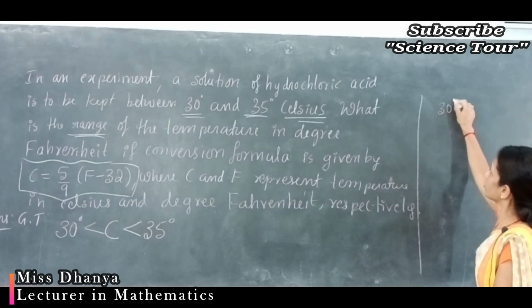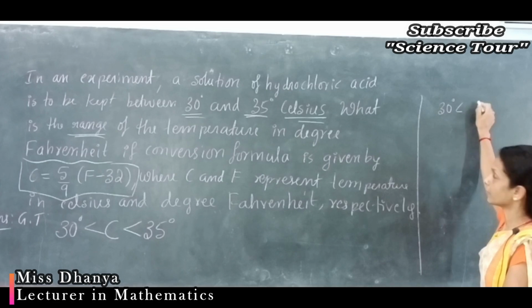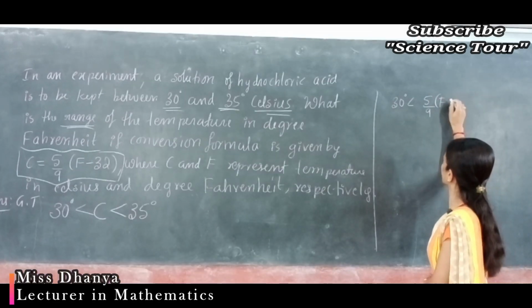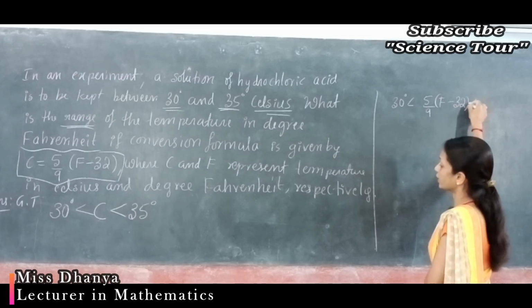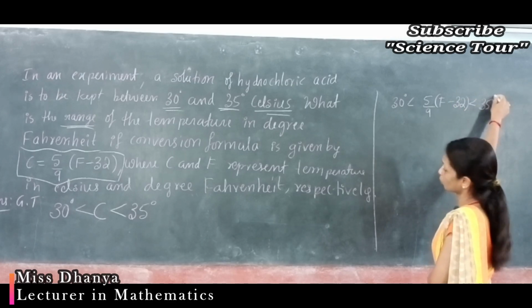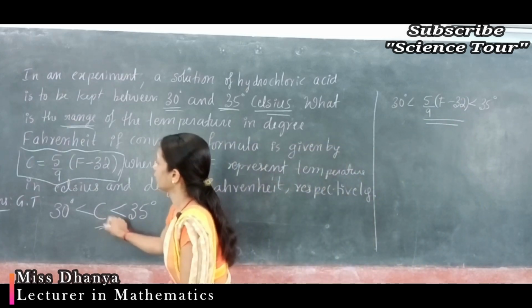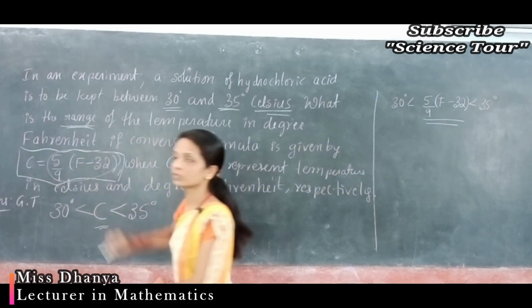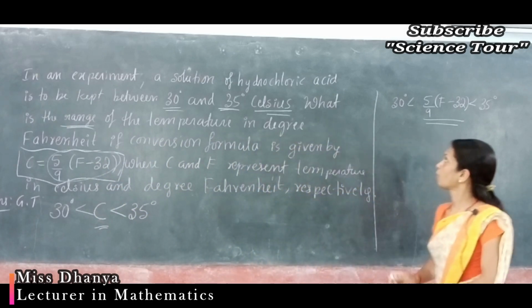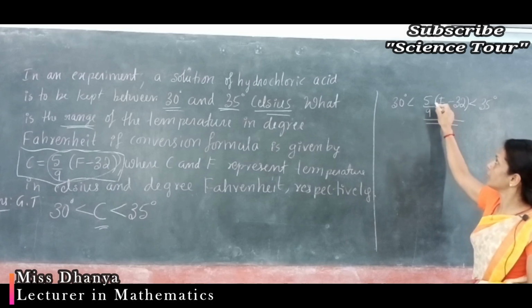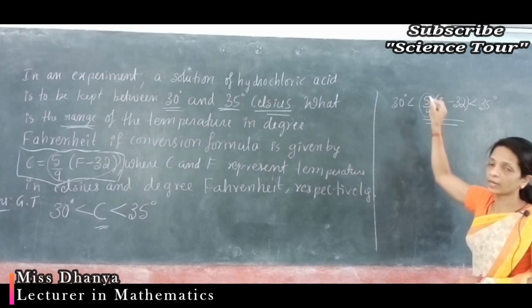So here you have 30 degrees less than C, and I will replace C by 5/9 (F - 32), less than 35 degrees. What we did now: C is in the middle, and I replaced it using the conversion formula. Now we have to make the coefficient of F one, but here you have a factor of 5/9.